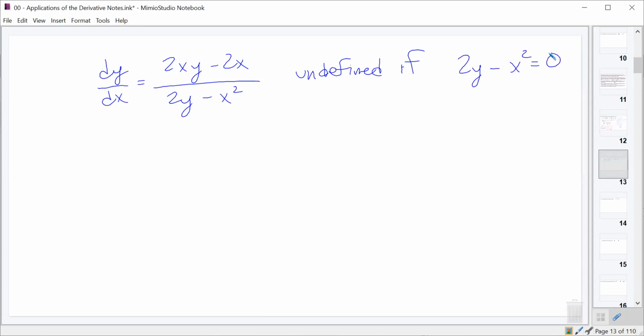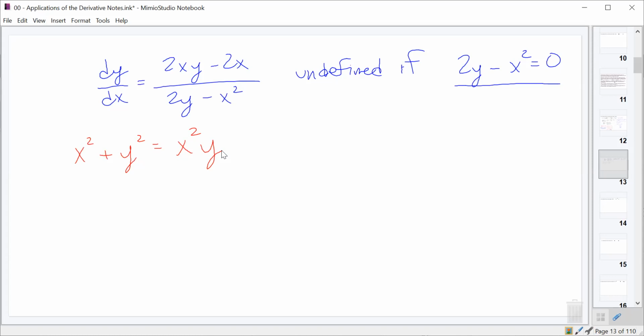Well, that one's a little bit more complicated because there's nothing good to factor out of it. But we could recognize the fact that we need this to be true, and we also need our original equation, which was x squared plus y squared equals x squared y, to also be true. Well, all that is just a system of equations.